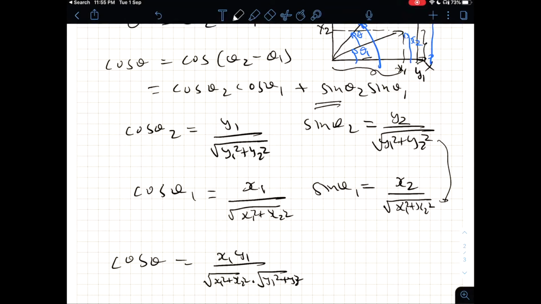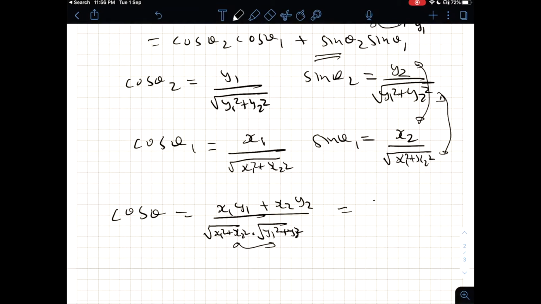When the denominator is the product of these two, numerator itself I can write as plus the product of these two numerators, which is x2 y2. In other words, x transpose y divided by length of x, Euclidean distance, times length of y.